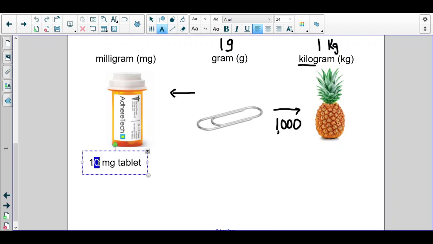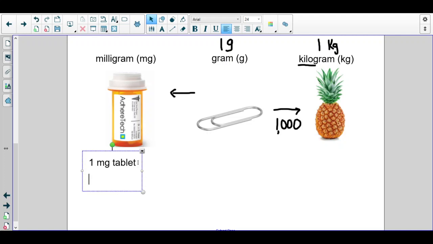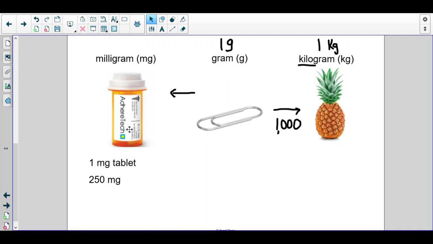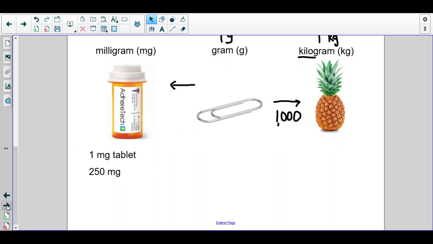If we had a 1 milligram tablet, that is going to be less strong as compared to, let's say, a 250 milligram tablet. So while we won't be using milligrams in today's lesson, I just wanted you aware of that because that is how the strength of medicine is usually indicated. But we're going to be focusing here on paper clips and pineapples for the rest of this lesson.